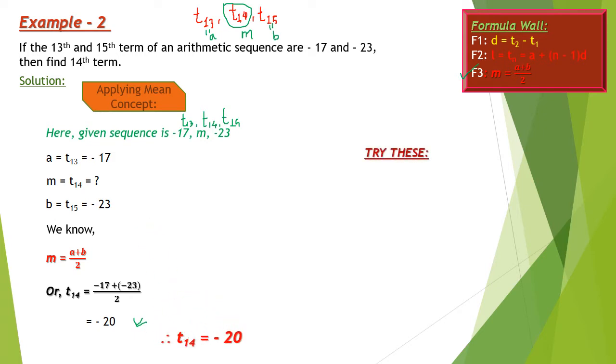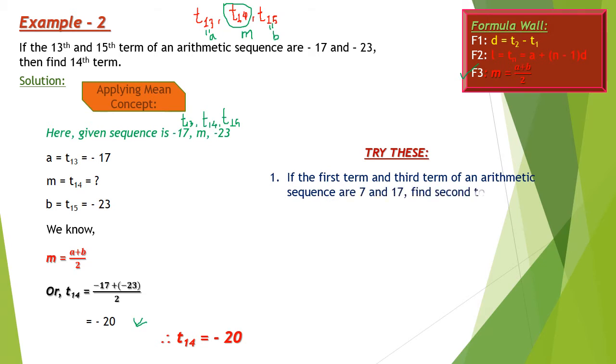And there are questions for you to practice this similar sort of question. If the first and third term are given, the second term, T2, will be the arithmetic mean. If sixth and eighth terms are given, the middle term is T7, the seventh term, which will be the arithmetic mean between the sixth and eighth term.